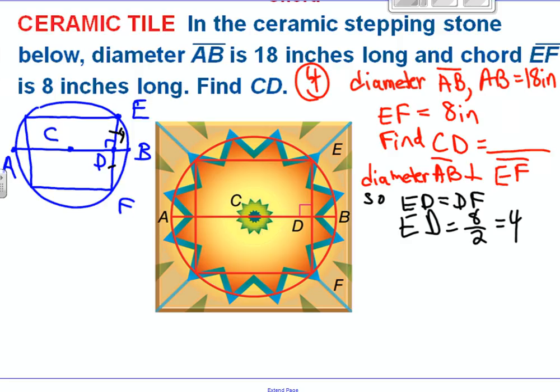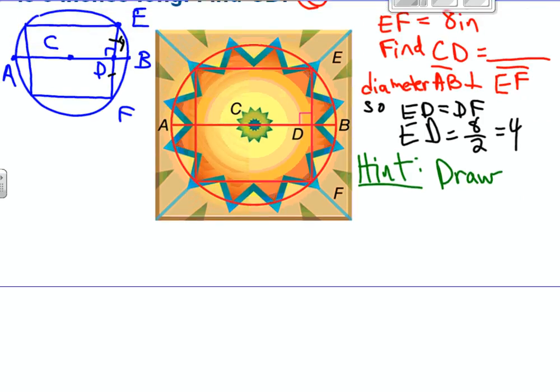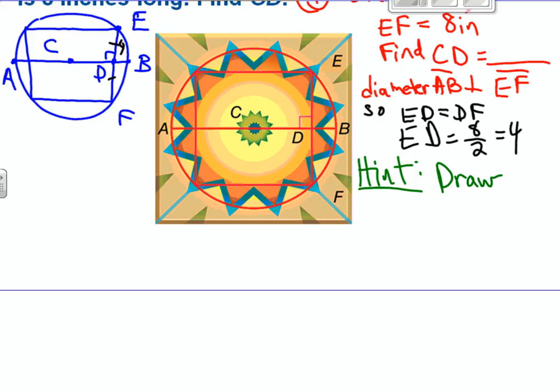Now, the thing to get this kind right is you want to write yourself a hint. The hint is draw a radius to make a right triangle. Actually, I'm going to write what radius I'm drawing in. Draw radius CE to make a right triangle.